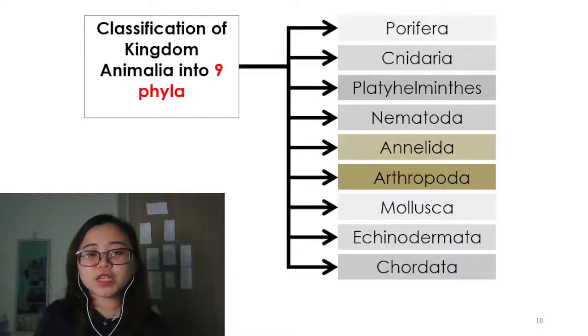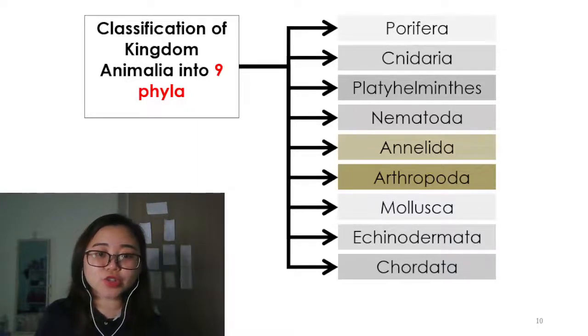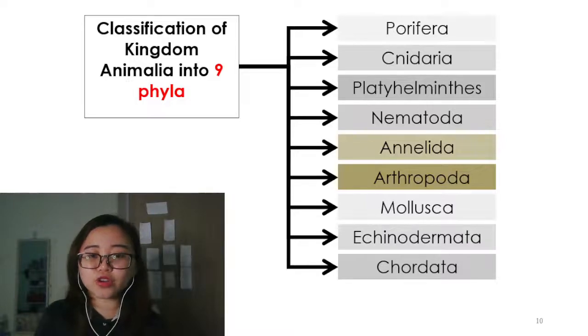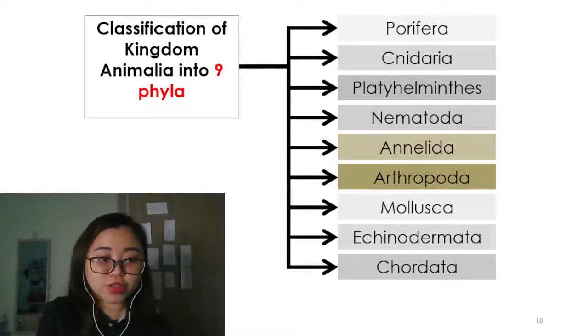So each of these phyla will have its own short video, and I encourage you to have a look at them. And in each of these videos, I will also link to National Geographic or other documentary style videos, which have much nicer pictures with better video quality. So that's it for this segment.